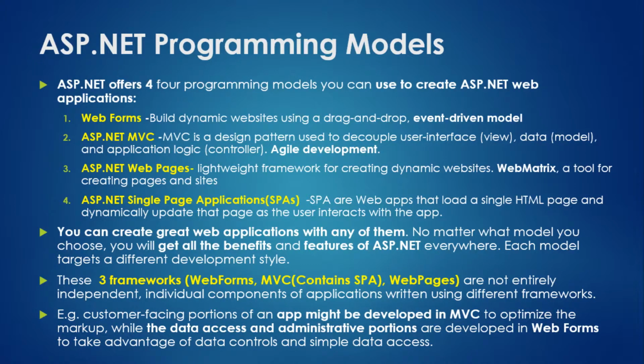ASP.NET offers four programming models you can use to create ASP.NET applications. One is ASP.NET Web Forms, second ASP.NET MVC, third ASP.NET Web Pages, and fourth ASP.NET Single Page Applications or SPA. These are the four programming models. By using that you can create ASP.NET applications.